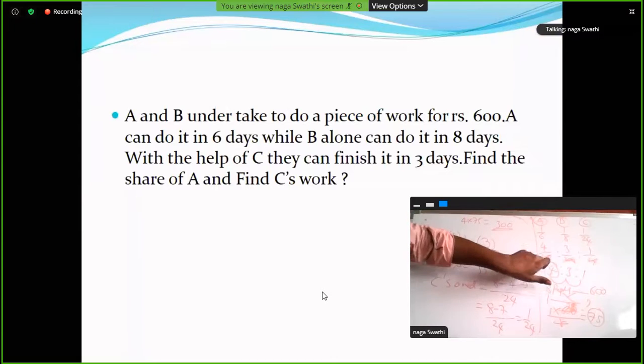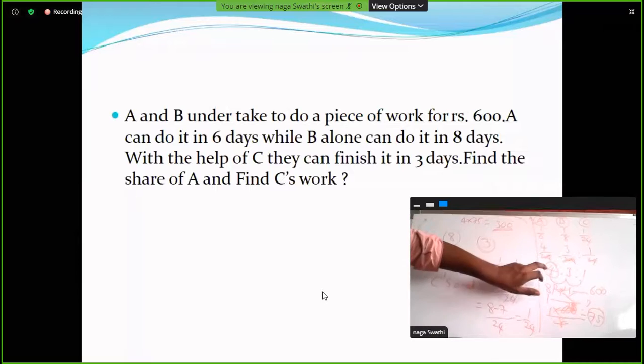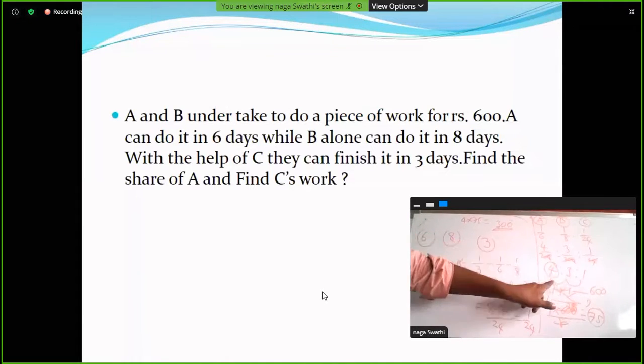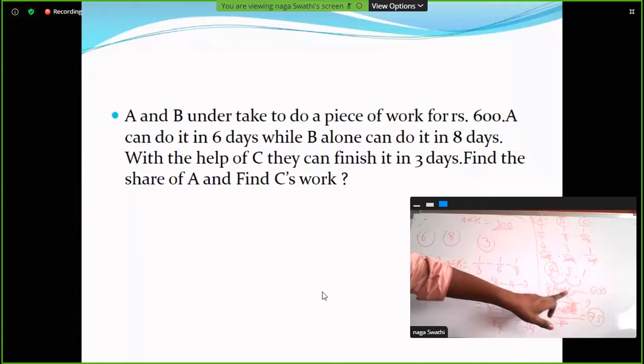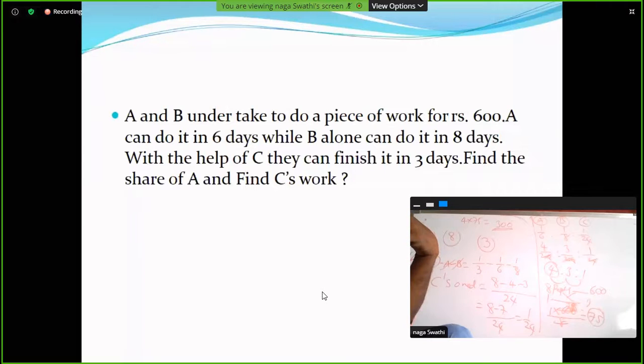Clear? So 1 by 6 is 4 by 24. So here numerator values are 4, 3, 1. So 4 is to 3 is to 1. 8 parts value. Total how many parts? 8 parts. So A is how many parts? 4 parts. 4 into 75 is 300. A receives 300.